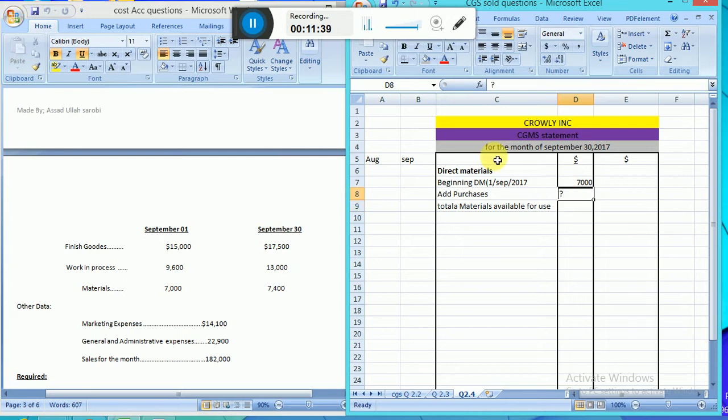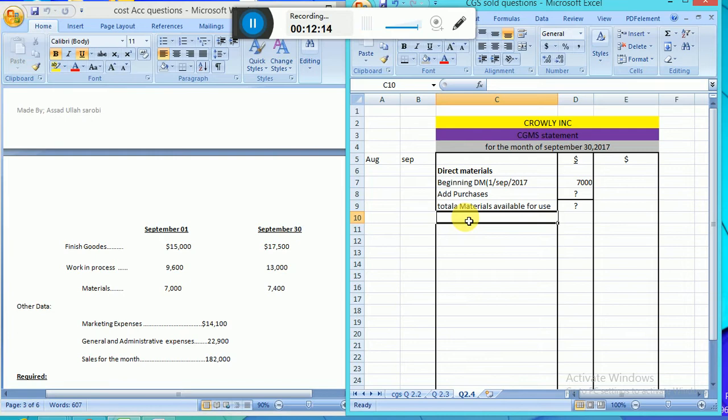Now how much material we have for use, that we should transfer from store to the plant, to machinery. So 7,000 plus unknown equals what? Unknown. So $7,000 plus unknown equals total material available for use, which is unknown.